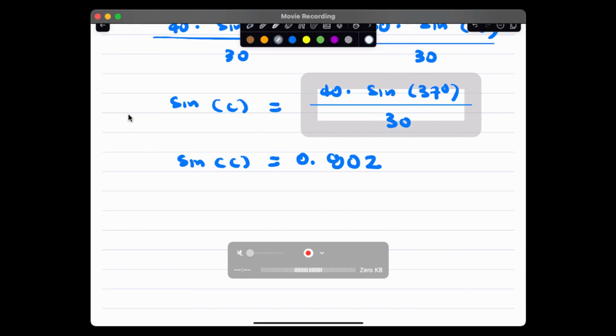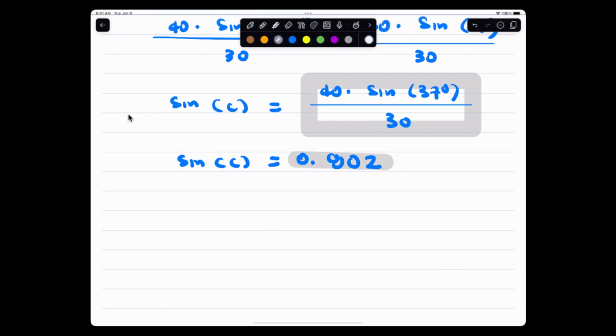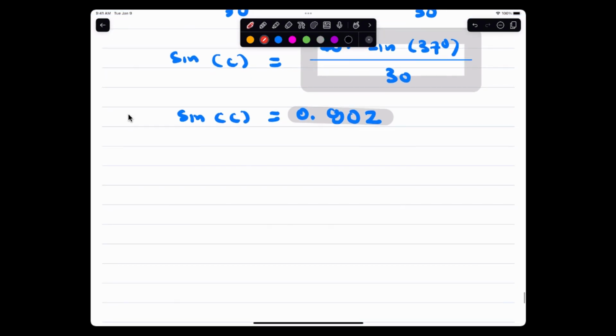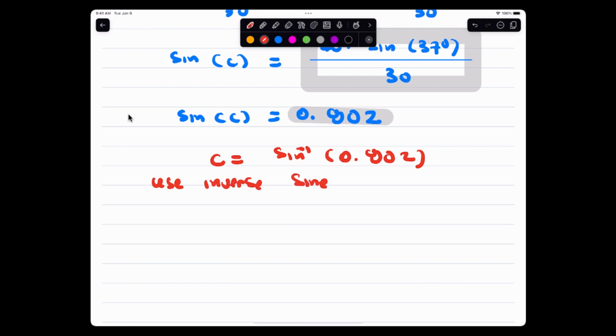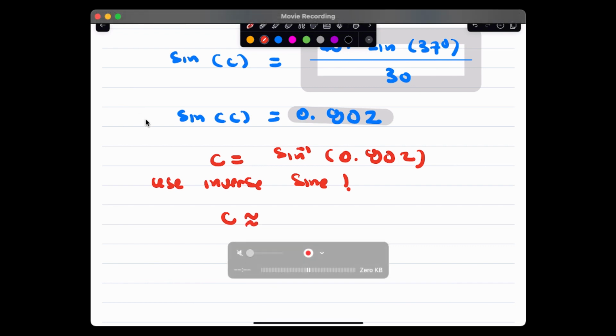This is what we just found. How do I get angle C now? Do you guys know how I get C? Yes. C will be inverse sine of 0.802. Use the inverse sine. Let's see what C is approximately now.